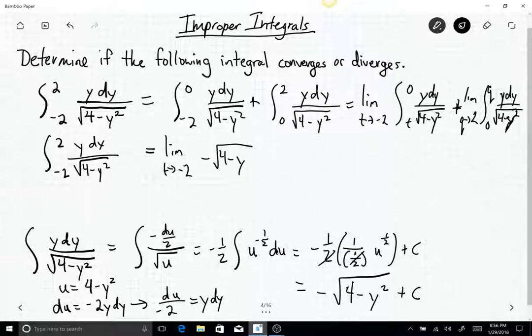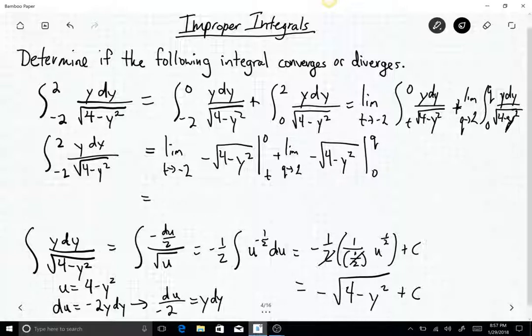And we drop the c because it's a definite interval. So this goes from t to 0, plus the limit as q approaches positive 2 of the same exact thing, negative square root of 4 minus y squared, evaluated from 0 to q.